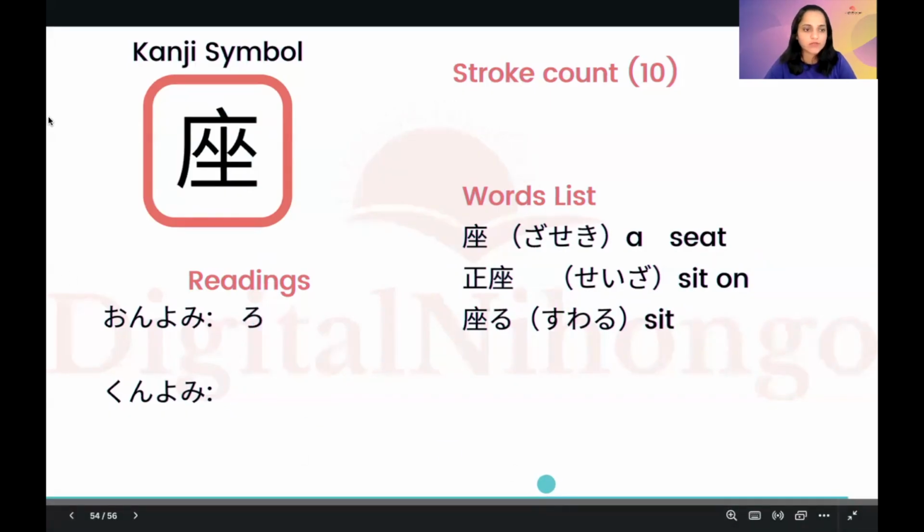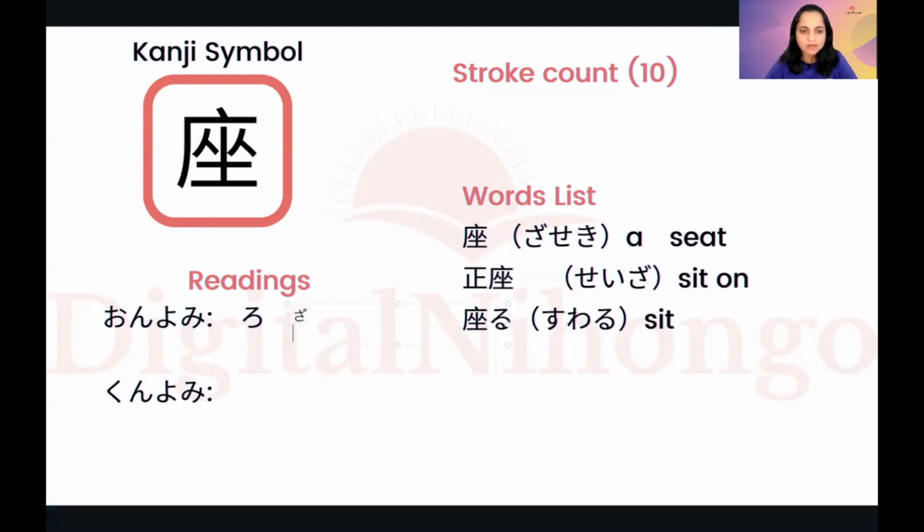These readings should have been written here, that is za or suwaru. Okay, these are the readings. This is wrong. Please neglect this. Ignore this. Za or suwaru. Zaseki, seat. Seiza, sit on. And suwaru is to sit.